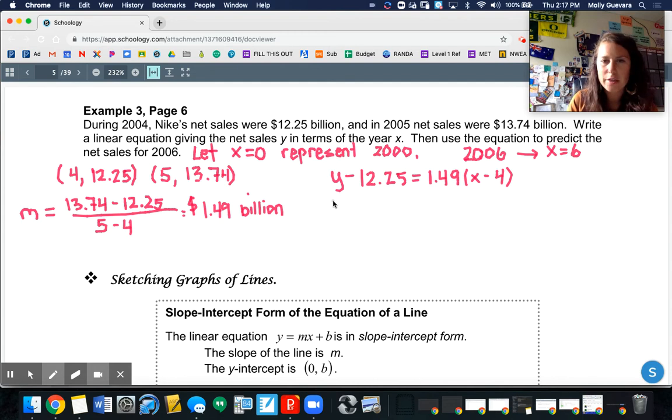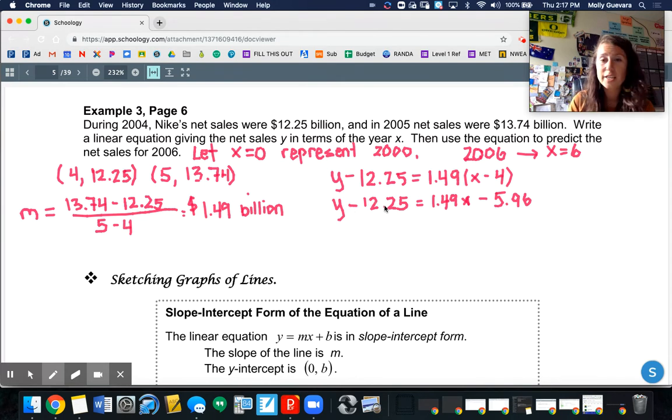And we just do our thing here and solve. So y minus 12.25 equals, and I'm going to distribute the 1.49, so 1.49x, and then 1.49 times negative 4 is negative 5.96. And you can confirm that on the calculator if you're really dying.